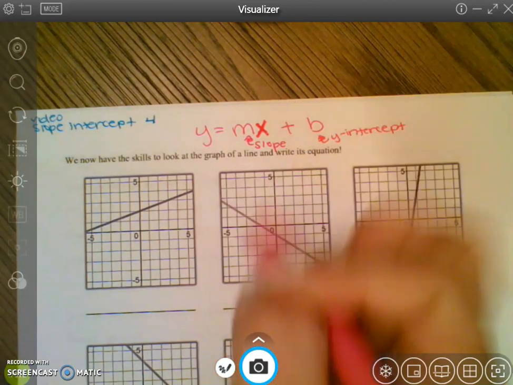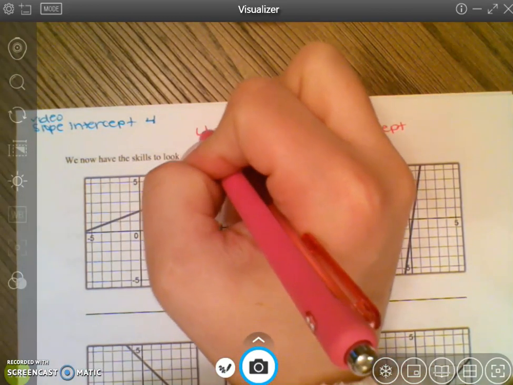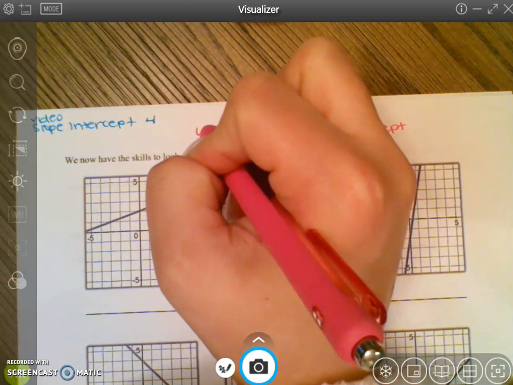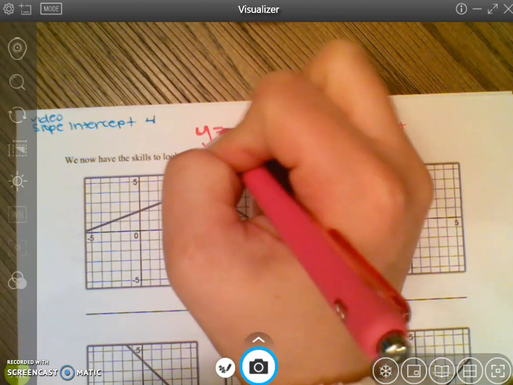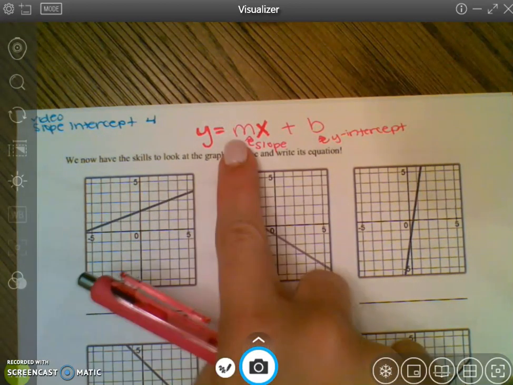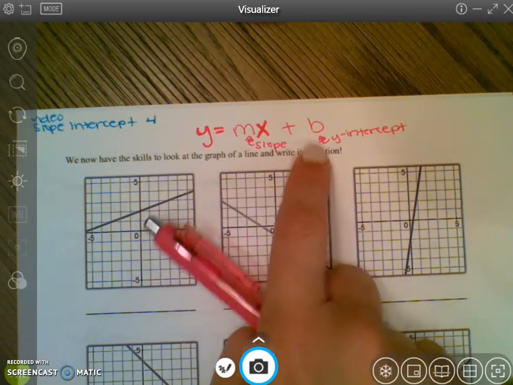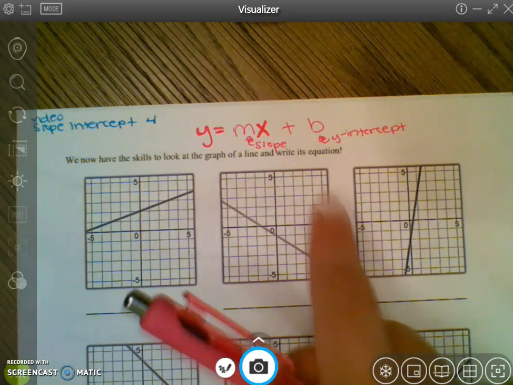And then you just keep y equals. Y, make him bold too, so we know. We're keeping y equals. So we're filling in the slope and the b. If it's positive, y-intercept will be a plus. If it's a negative, it'll be a minus.